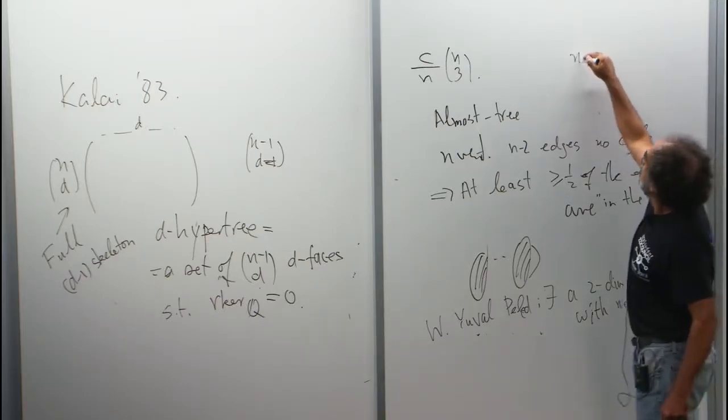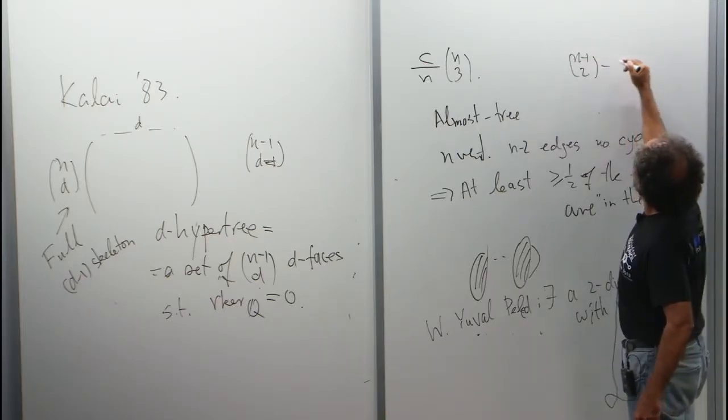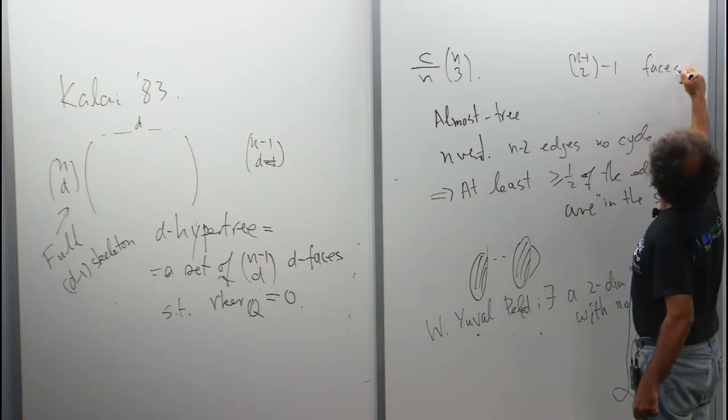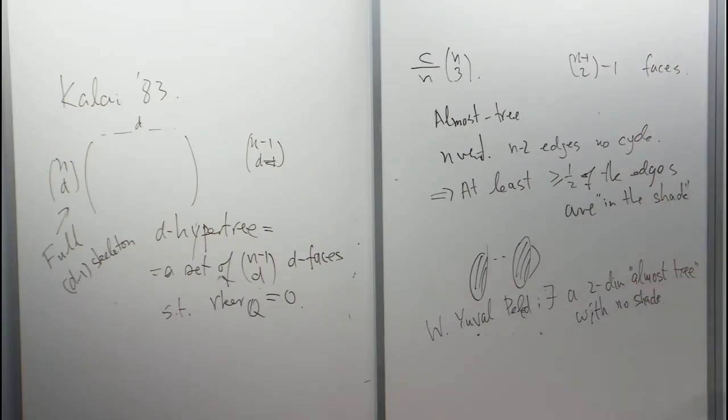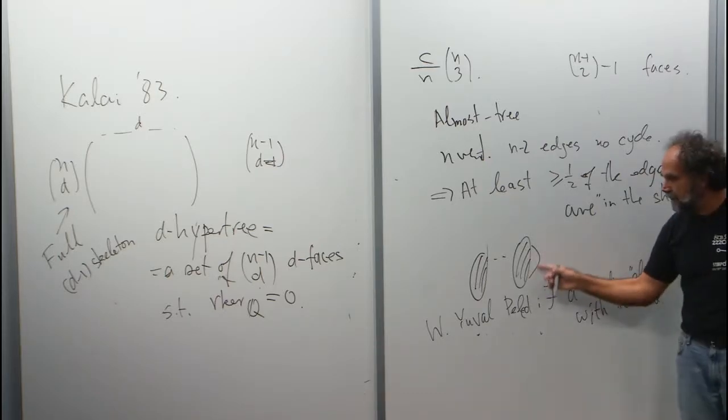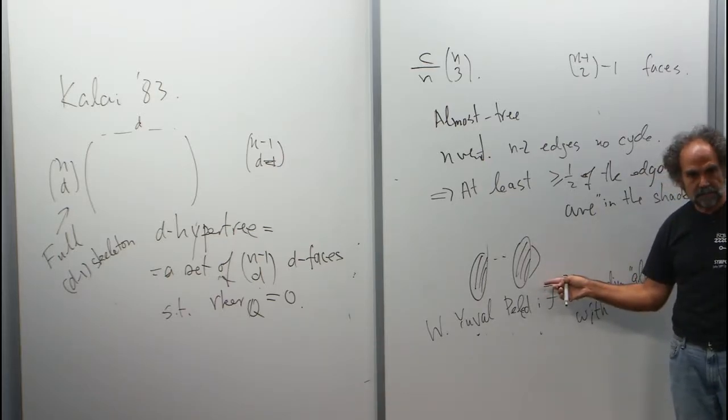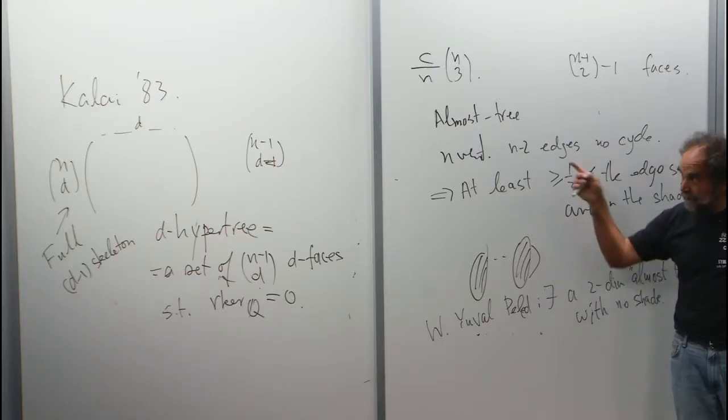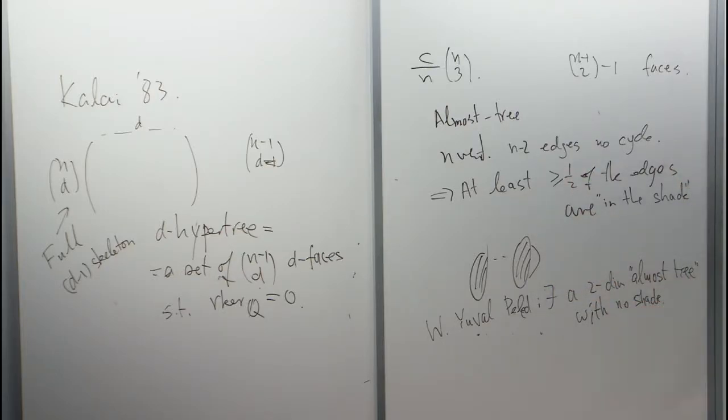It has n minus 1 choose 2 minus 1 faces. And every face that you add to it, you get a hypertree. You get that? A hypertree. Being in the shade means that when you add it, you don't get a tree. In this example, everything that you add, you get a tree. These things are completely different, very mysterious, very fascinating. I think you suffered enough. It's time to stop. Thank you.